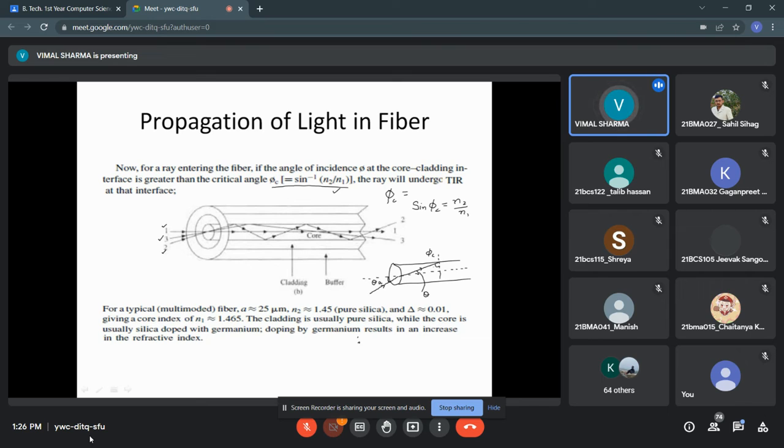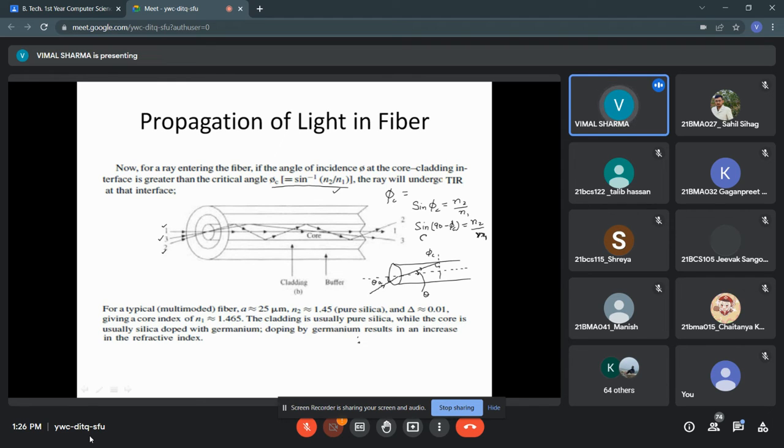And I'm interested in finding this angle, so I can write it in terms of phi c as 90 minus phi c. Your answer is correct, but I cannot measure this angle because I cannot go inside this optical fiber, provided phi c is known. So let me write that.